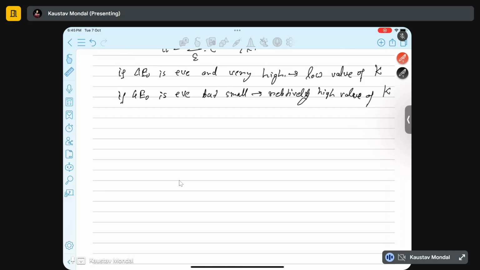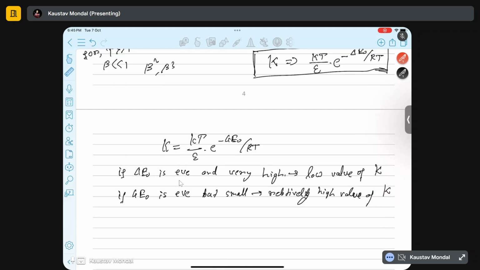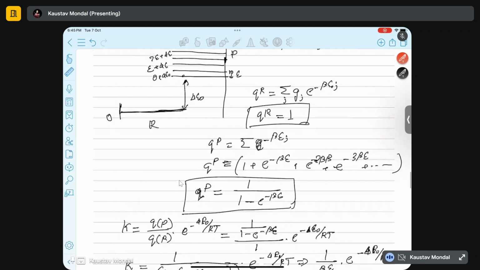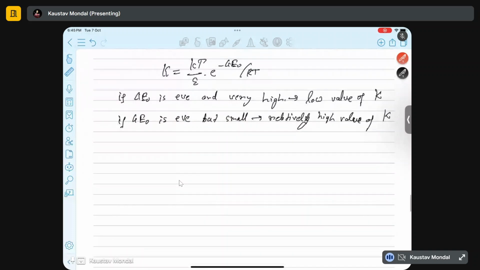So the value of delta E0, whether positive or negative, will significantly affect the value of the equilibrium constant K. This is how we can qualitatively predict how the equilibrium constant K will change if we know the energy difference between the zero point energy levels. Okay, next we'll do a problem.